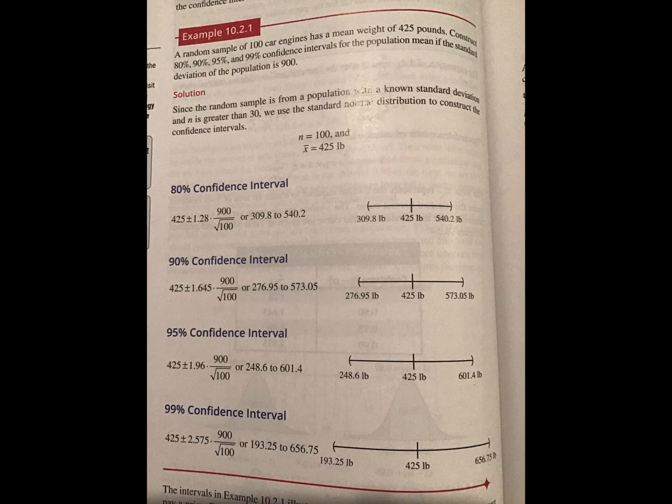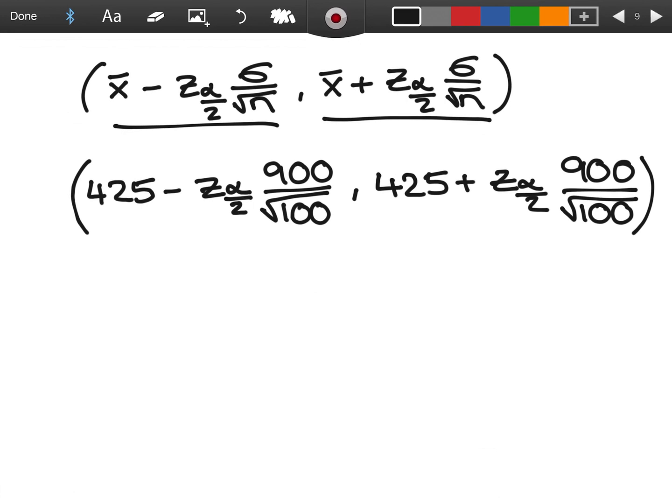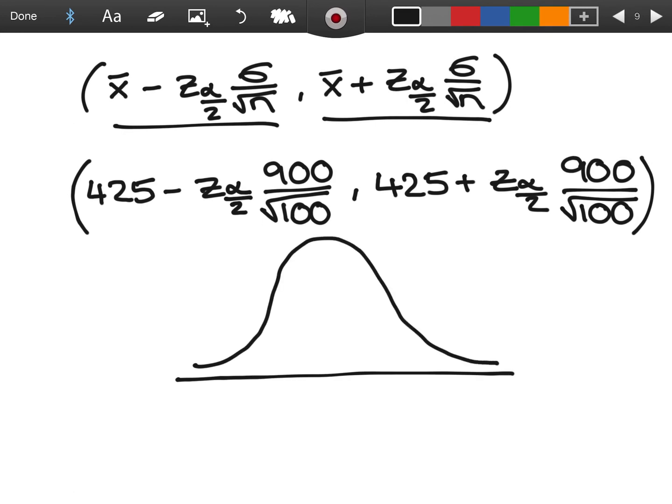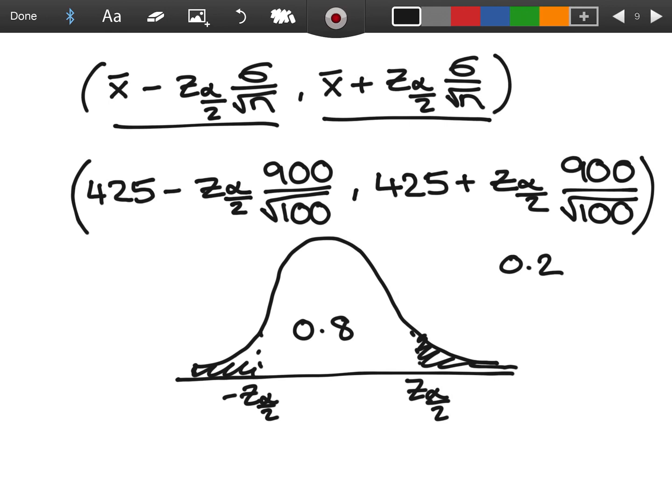So let's do that first for the 80% confidence interval. If we were 80% confident that this interval would contain that population mean, for 80% confidence between negative z of alpha over 2 and z of alpha over 2, we want 80% of our data, 0.8. That means outside of here and here, I have 20% of my data, 0.2. So on each one of those areas, I have 0.1.